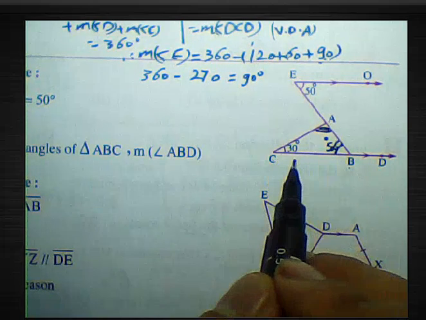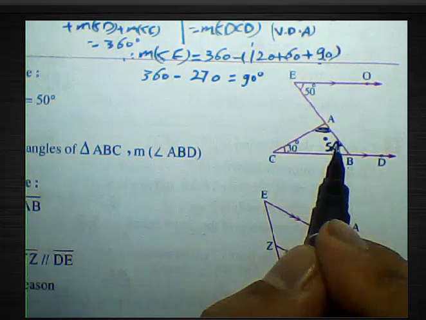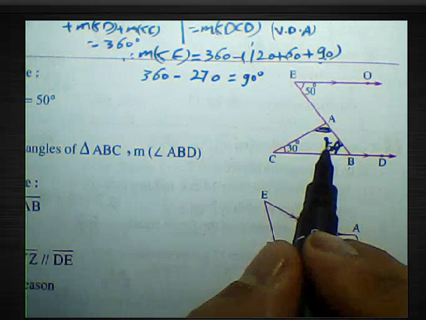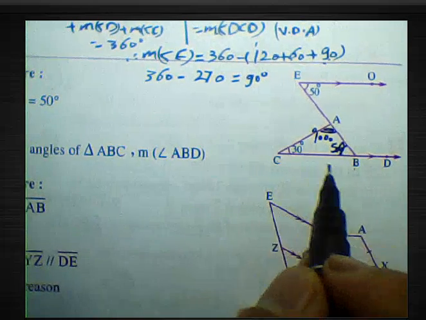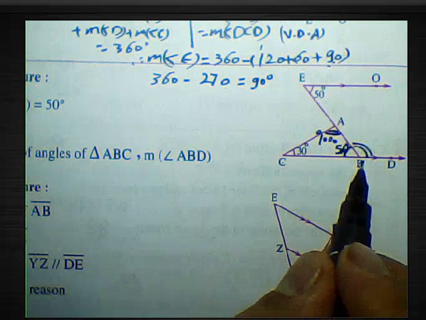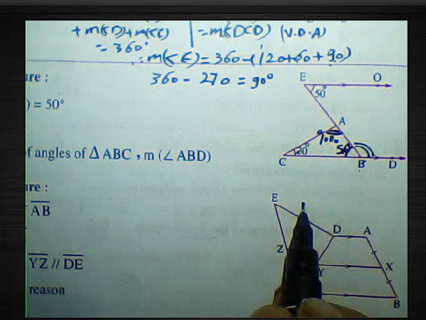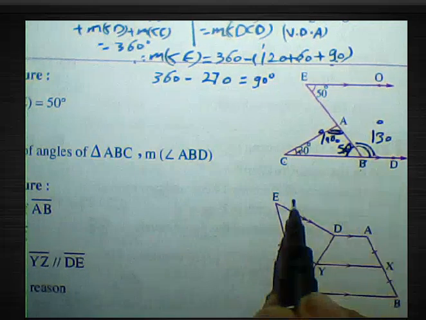The sum of interior angles equals 180, so 180 minus (50 plus 30); 50 plus 30 equals 80, and 180 minus 80 equals 100 degrees. That is the measure of angle A. And we have an exterior angle here: the measure of angle B equals the sum of the two interior angles opposite to it, 100 degrees plus 30 equals 130 degrees.